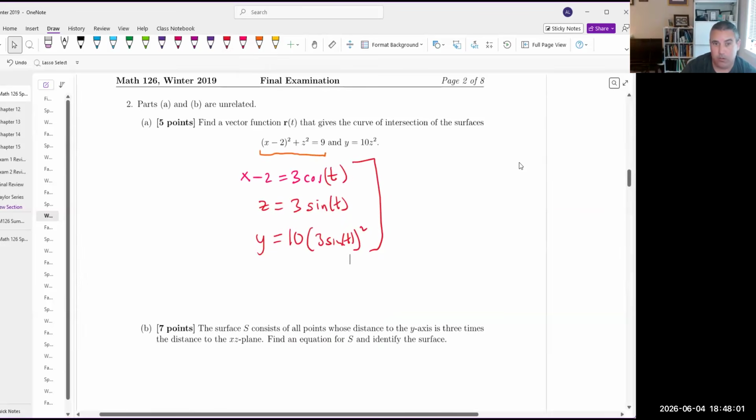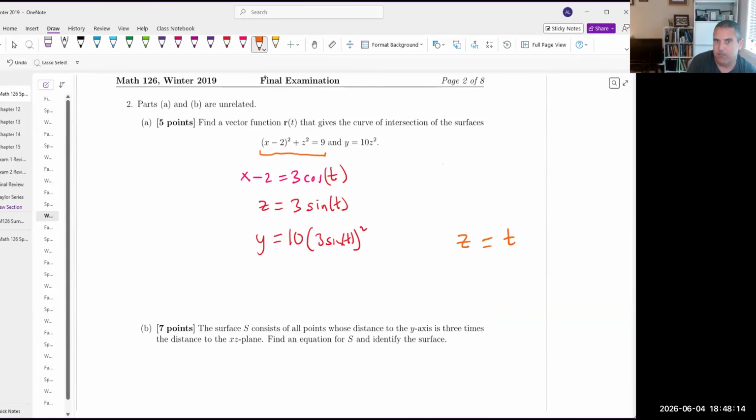Yeah, if it's not a circle, then there's another strategy, and we could even use the strategy here. The other strategy is you randomly pick one of them to be something else, usually t. If I choose z to be t, then that means y is equal to 10t squared. The only issue with this is it's not as pretty of an answer because now we're going to have to solve for what x is. 9 minus z squared, which we're calling t.